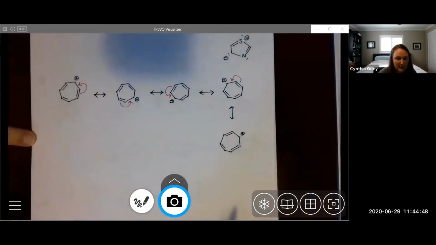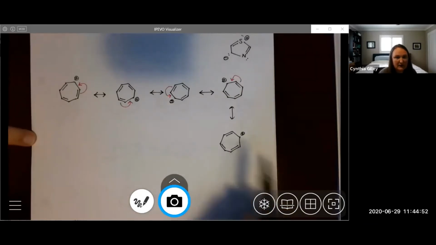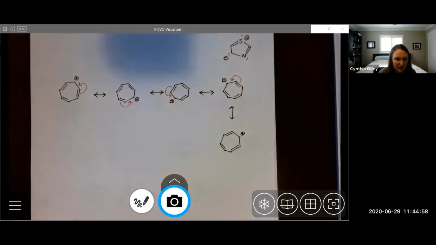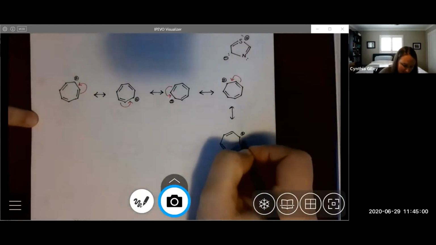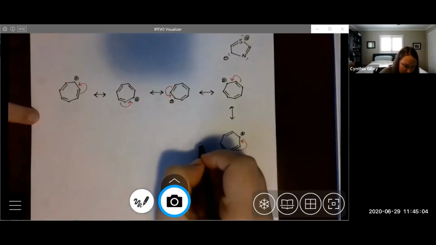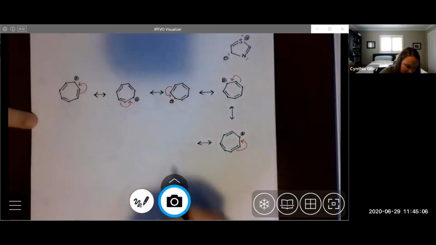Not only is this compound aromatic, but the positive charge is delocalized over 7 different carbon atoms. So there's very little positive charge on any given carbon. Super delocalized.